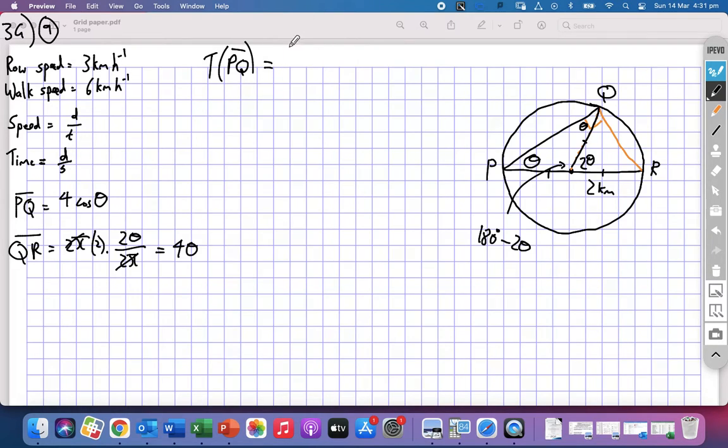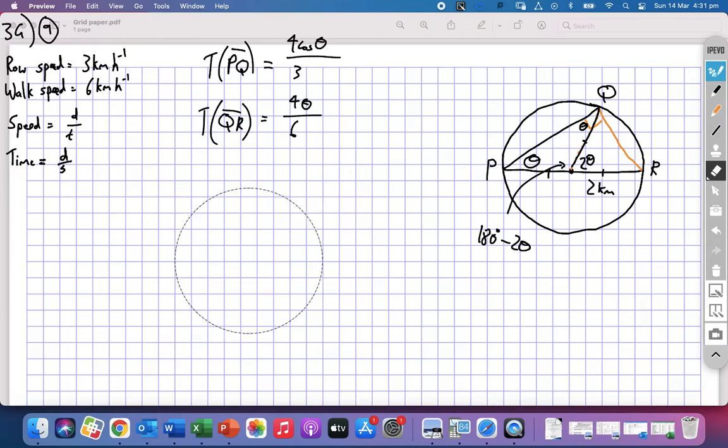The distance is 4 cos theta. The speed for rowing is only 3. Right, well, there we go. The time for Q to R, that's his walking. Well, the distance is 4 theta. The speed is 6.